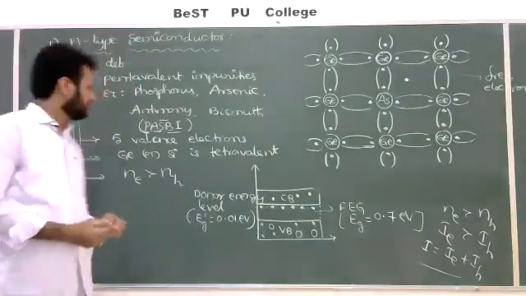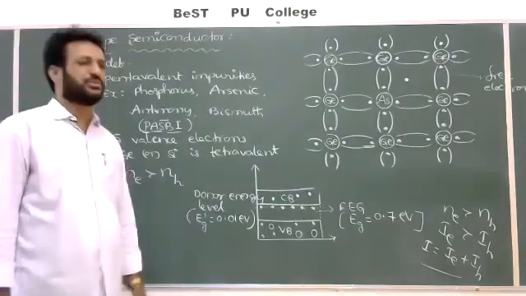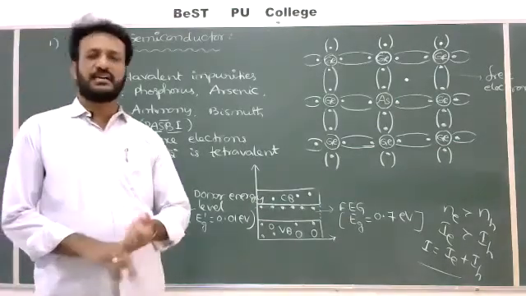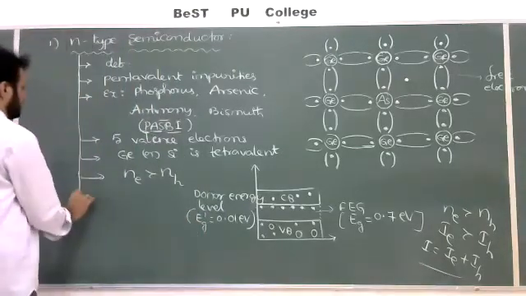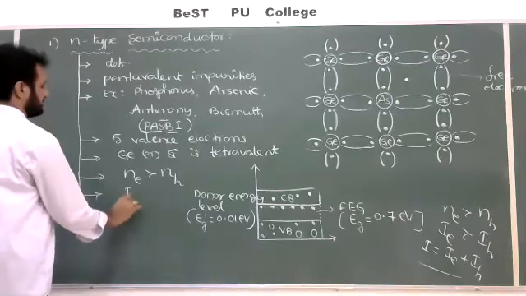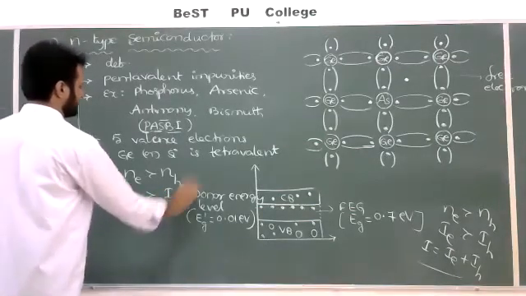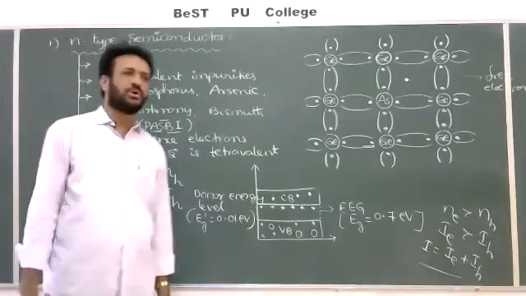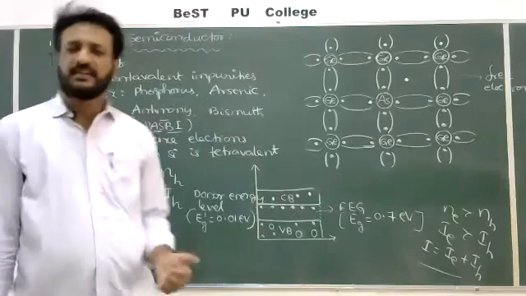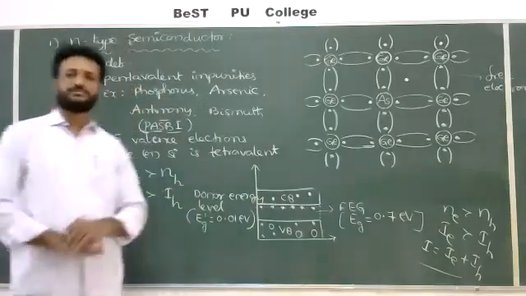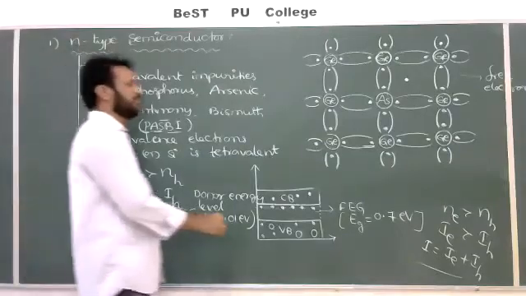Next one more. Current due to electrons is greater than current due to holes.